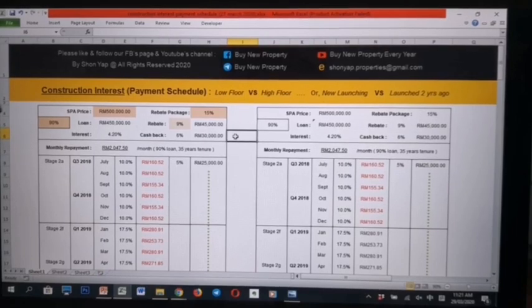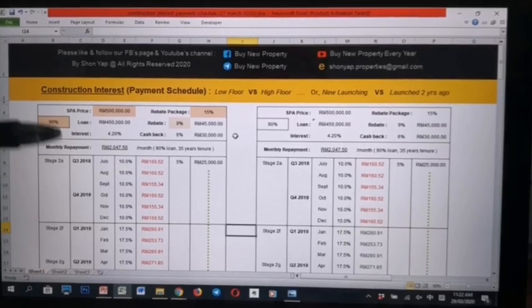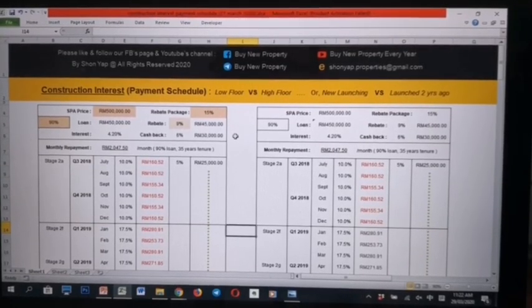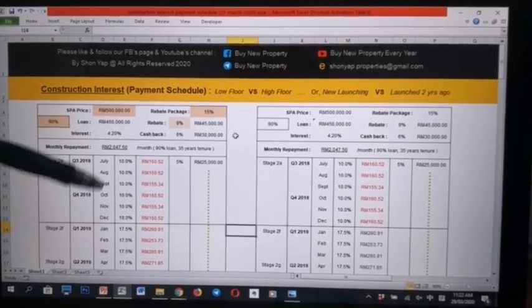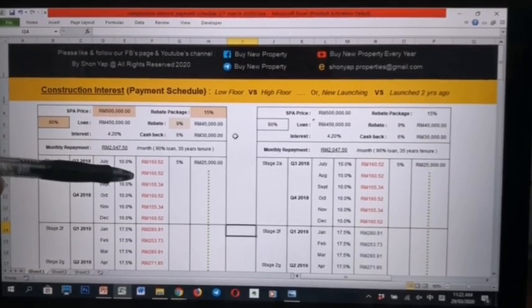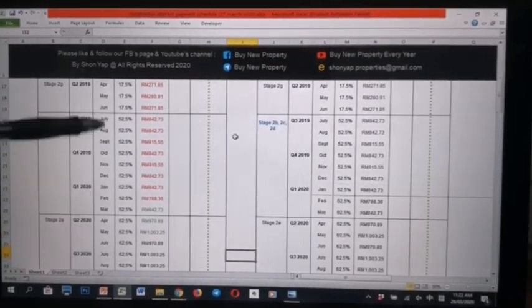So if you buy the unit now, when the project has already started about 2 years, all this payment, actually, you no need to pay. But if you buy a unit in this project at the very beginning, like maybe August, September of 2018, you have to start paying the interest from this amount, and then it slowly increases to a higher amount in the 2nd year or 3rd year.